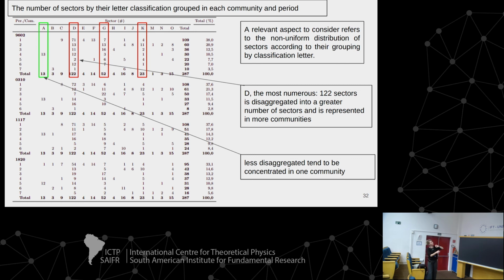But what I want to draw your attention to is the fact that those economic activities that are the most numerous, yes, they are disaggregated, and they tend to be concentrated in many and participate in many communities, okay?